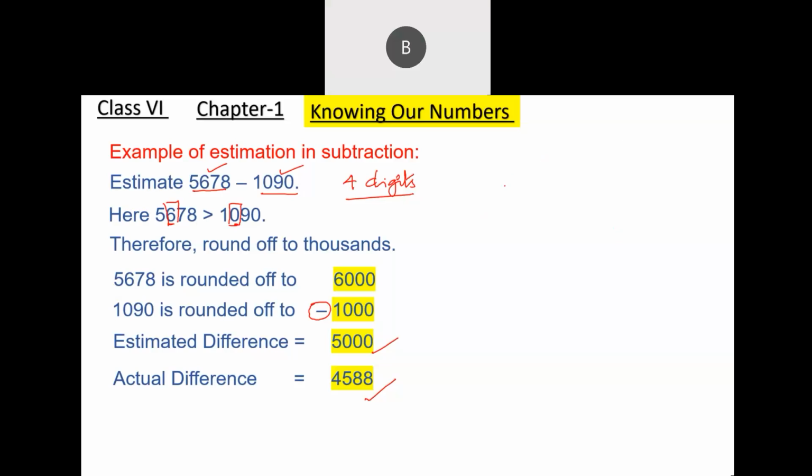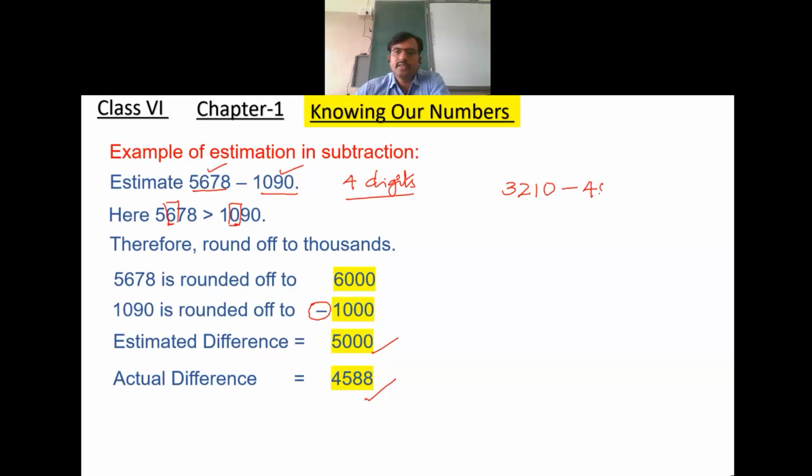Suppose I give you a question: estimate 3210 minus 450. This is the question given. How do we estimate this?